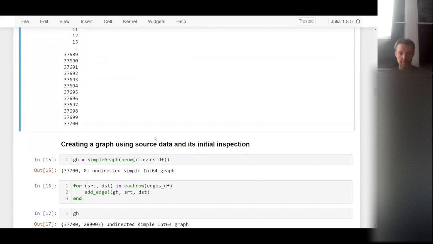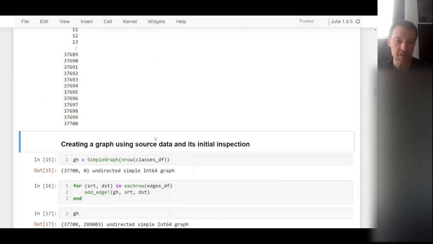So now the crucial step is to transform this data into a graph form, because currently we have data stored in tabular format, since this was the way the source data was stored. But I want to create a graph from this data and do some initial inspection of it.